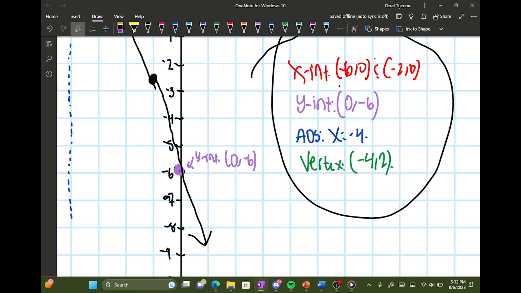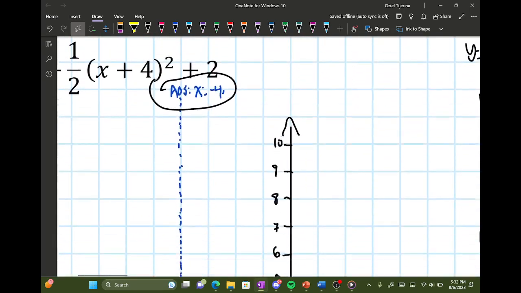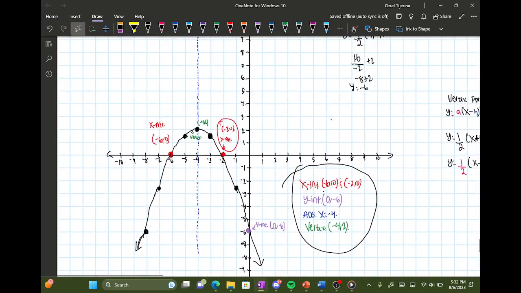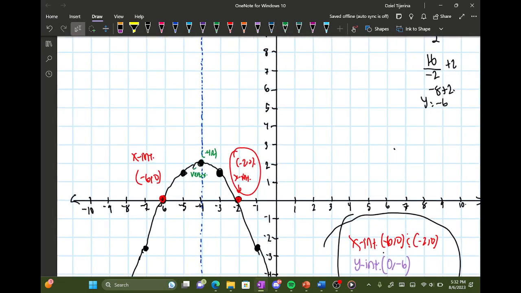For x-intercept and y-intercept, they cross the x and y-axis. The axis of symmetry is x equals negative 4, which is the dashed blue line here. And the vertex is at negative 4, comma 2. So that is how we graph this function, guys.